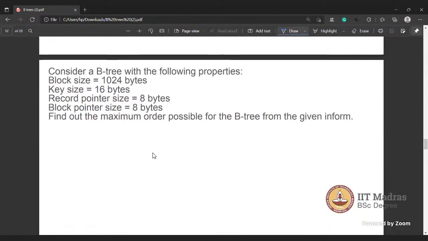Order 2 or 3 maybe will be better. One side B tree, and one side B plus tree.